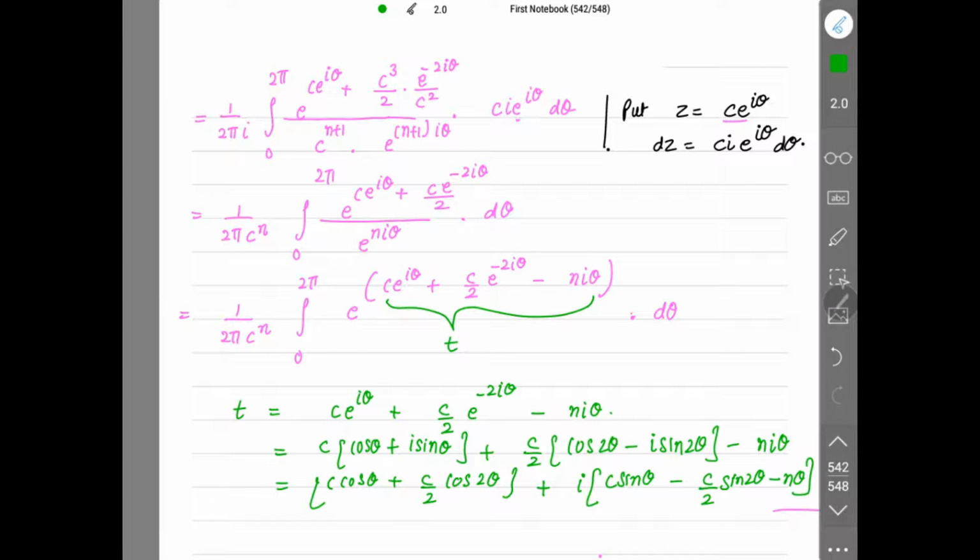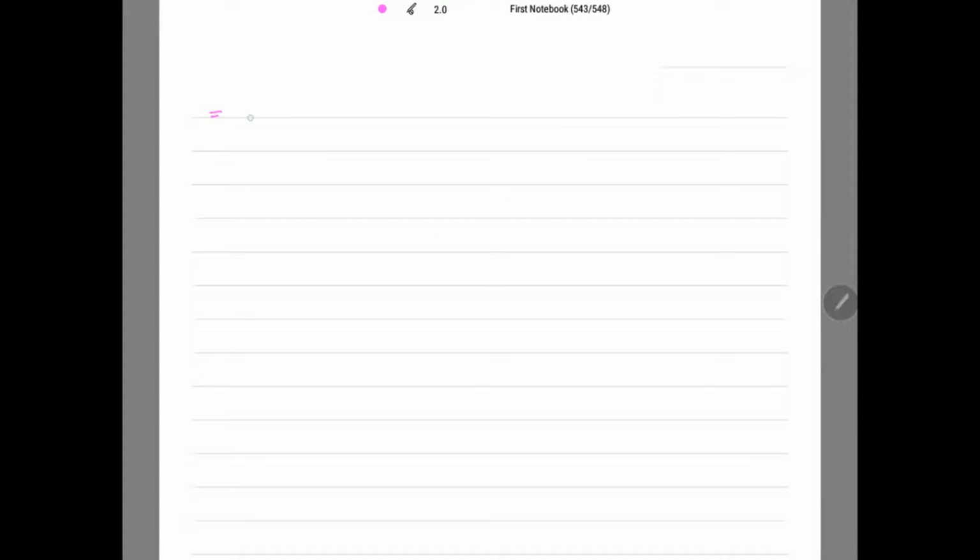We get one over 2 pi c to the power n, integration 0 to 2 pi, e raised to the power c cos theta, taking c common, plus half cos 2 theta, e raised to the power iota, this is one and the same thing, c sine theta minus c by 2 sine of 2 theta minus n theta. I hope this step is very clear to you.